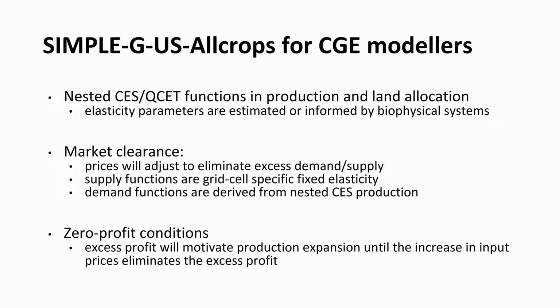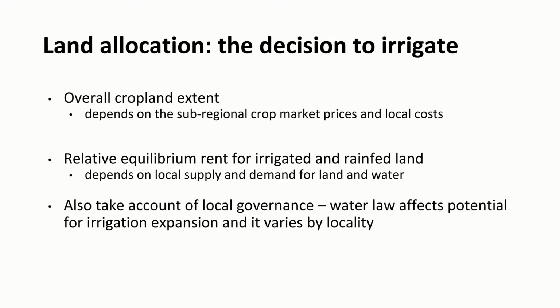A little more on the model, it has full CES and quantity preserving CET functions, as you would expect coming from the GTAP community, market clearing and zero profit conditions for every activity, of which there are at least 2 in each grid cell, rain-fed and irrigated crop production.